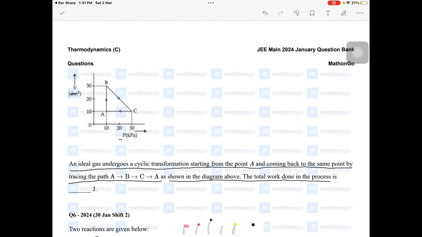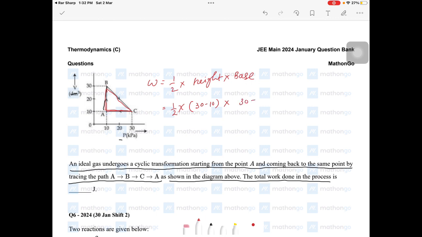For this triangle, total work done is equal to minus 1 by 2 into height into base of the triangle. 1 by 2 into height of triangle A to B, that is 30 minus 10, that is 20, into base of triangle C to A, 30 minus 10.